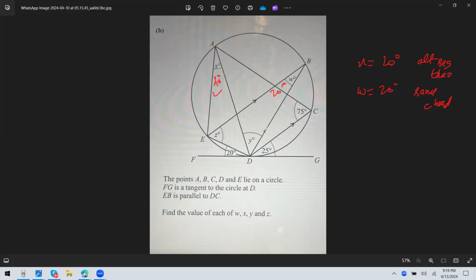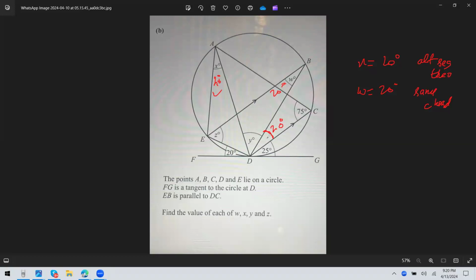This angle is how much? Angle CDB. Angle CDB is also 20 degrees because of the alternate angle. You have two parallel lines, so this angle is also 20 degrees. So far clear? No questions?